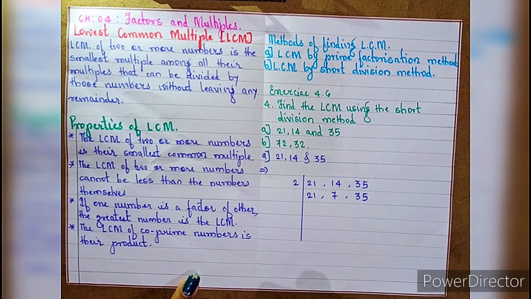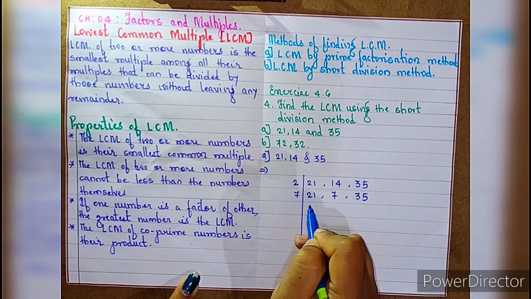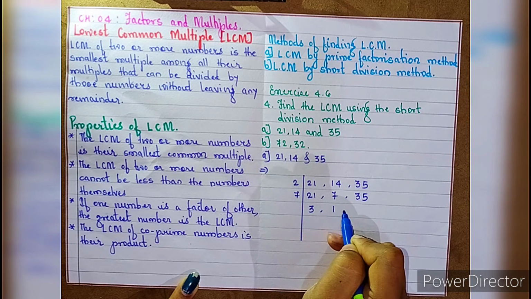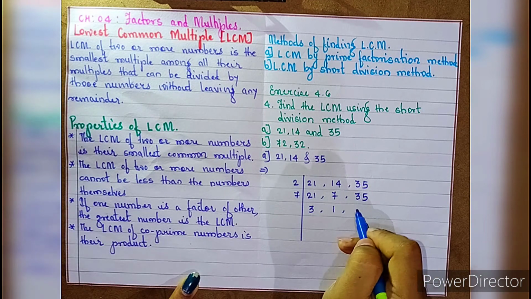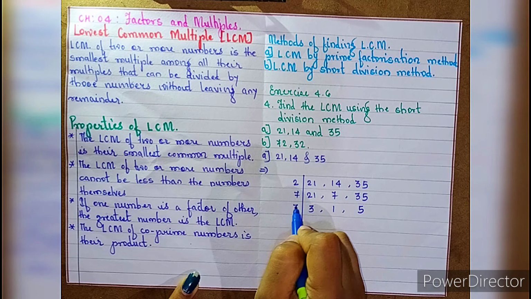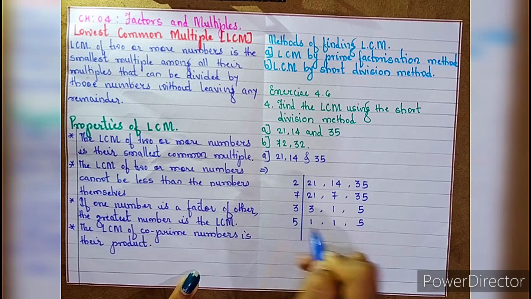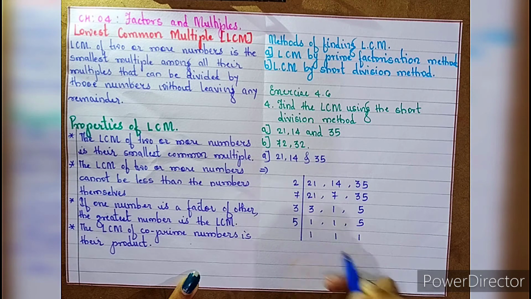Further, let's see the number which divides 21 and 7 together. So we have the number 7: 7 3s are 21, 7 1s are 7, and 7 5s are 35. Further, let's divide this. 3 1s are 3, 1 as it is, 5 as it is. 5 1s are 5, 1 as it is, 1 as it is.